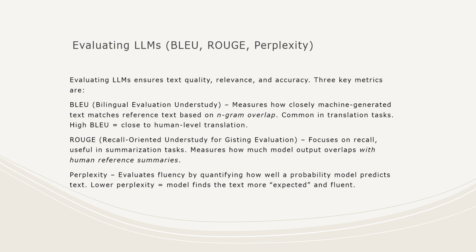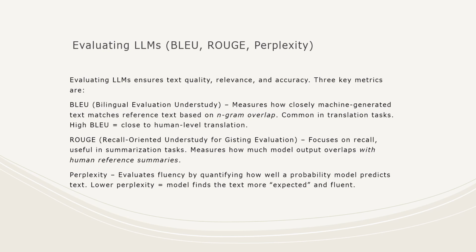What is ROUGE? ROUGE is the Recall-Oriented Understudy for Gisting Evaluation. It focuses on recall and is useful in summarization tasks. It measures how much model output overlaps with human reference summaries. What is perplexity?